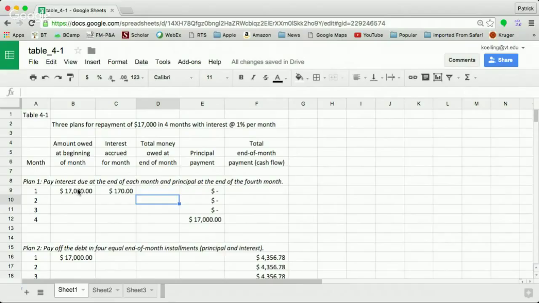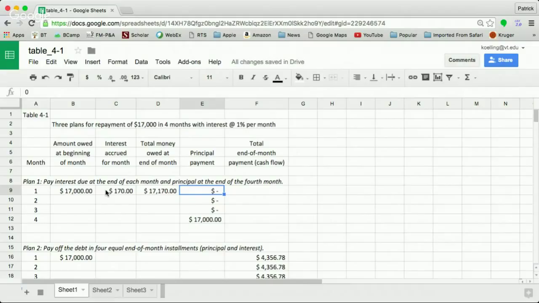1% of 17,000. So the total money owed at the end of the month, that is, at the beginning of the month, we owed $17,000, interest of $170 accrued during the month. At the end of the month, we owe what we owed at the beginning plus the interest that we have accrued, $17,170. We make no principal payment at the end of the month.